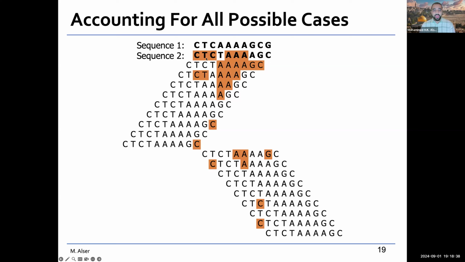And now we would like to calculate all kinds of shifted versions of one of the two sequences. So we fix sequence one as is, we keep it. We consider the second sequence, and we try to calculate all the shifted versions of that sequence number two. So what does that mean?